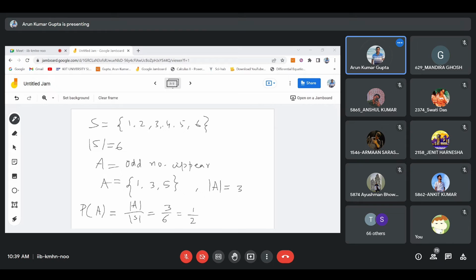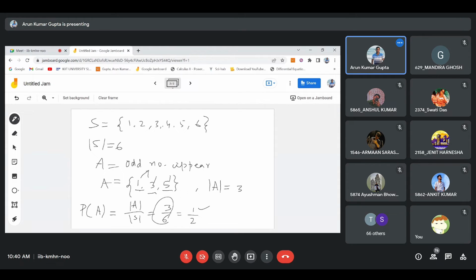The example that I have given is a case of a compound event. This example is of a compound event, because for odd numbers we can individually find the probability. We will get 1 by 6, 1 by 6, 1 by 6. We will add them. It will be 3 by 6 and ultimately 1 by 2.